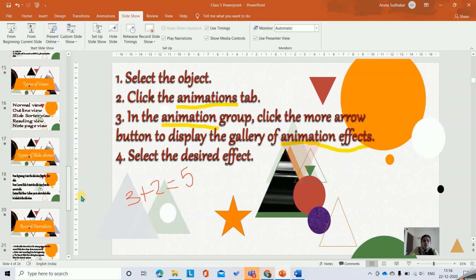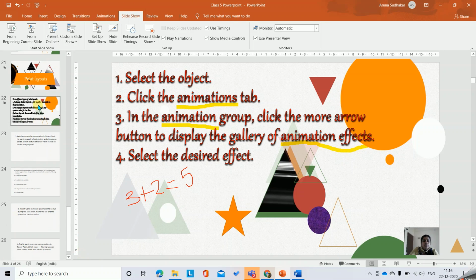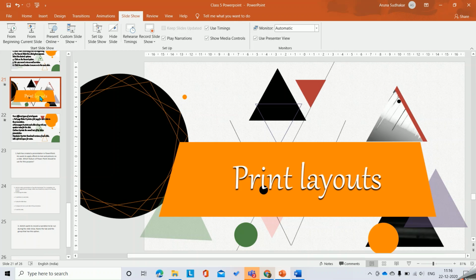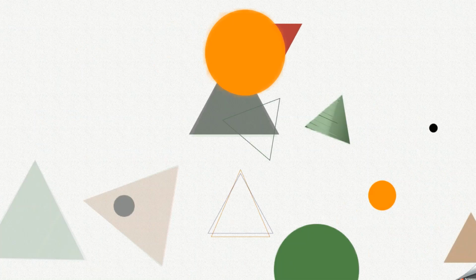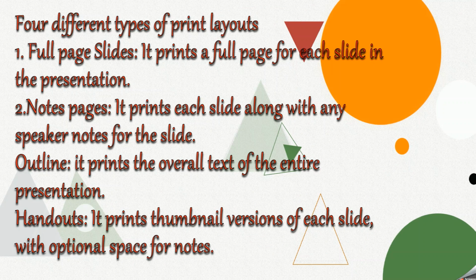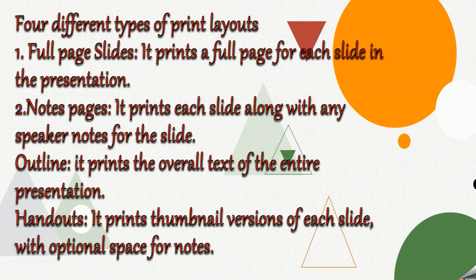Different types of printouts. What are the different types of printouts? Print layouts are mainly 4 types. Those are full page slides, note pages, outline and handouts. In full page slides, we can see a full page of each slide, and in the note pages, along with the slide we can see the speaker notes also.